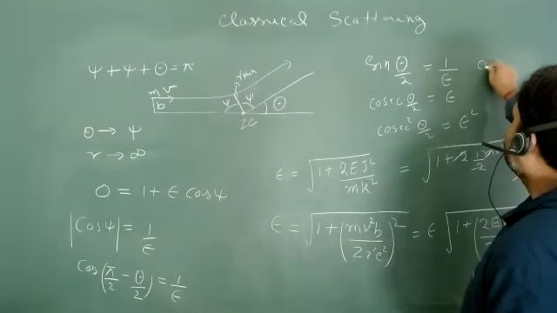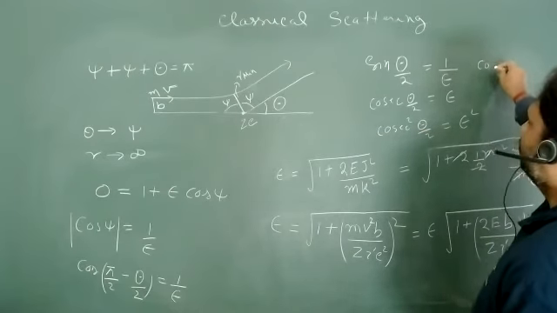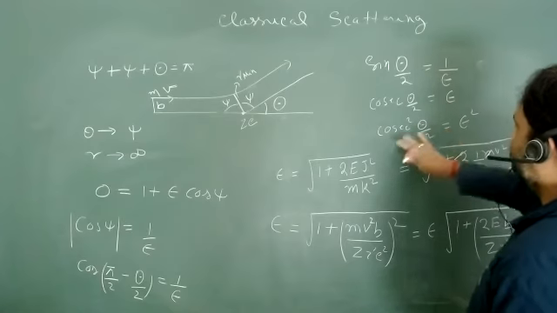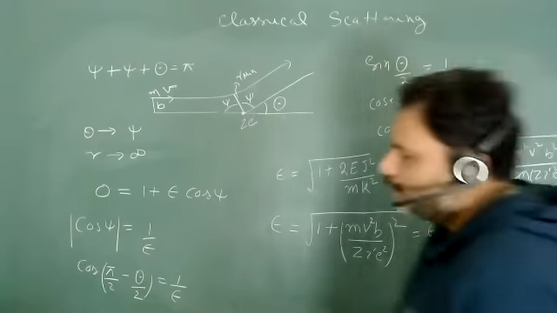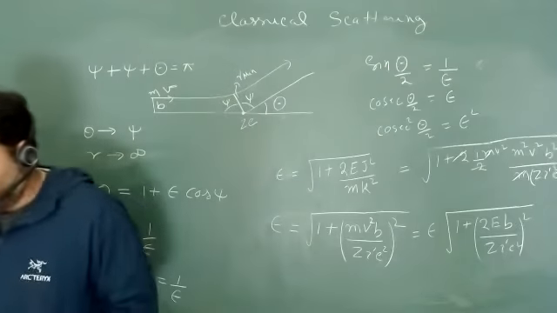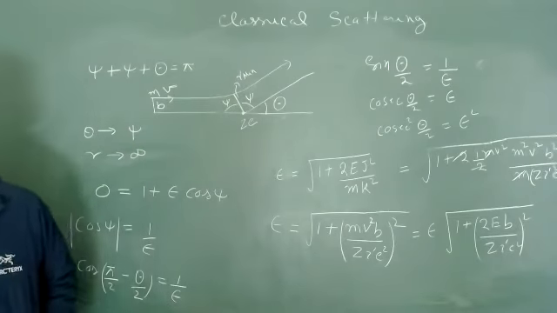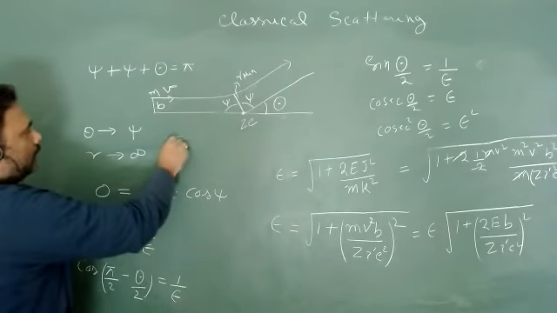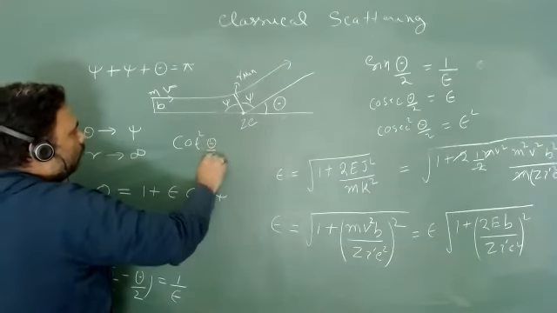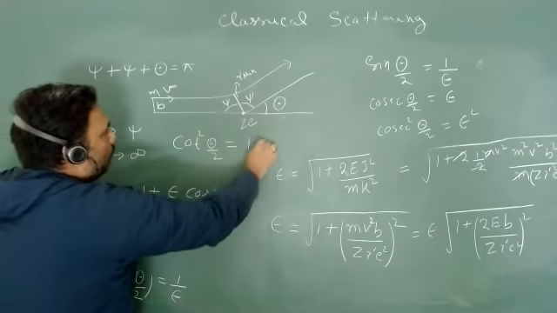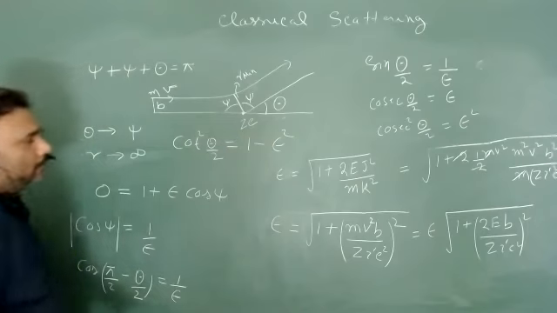I just want to write in terms of cot square theta by 2. So can I write cot square theta by 2 as epsilon square minus 1? Just check.